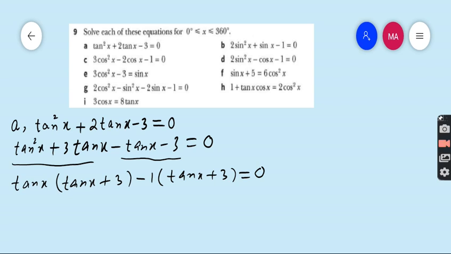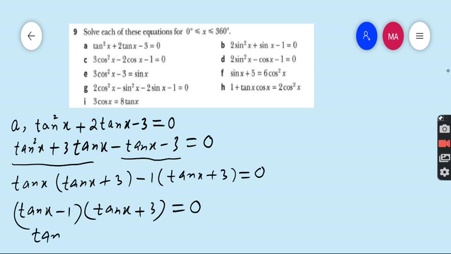So tan x plus 3 and tan x plus 3 are the same, right? So tan x minus 1 and tan x plus 3 is equal to 0. Now it is completely factorized, so we write tan x minus 1 is equal to 0 and tan x plus 3 is equal to 0.